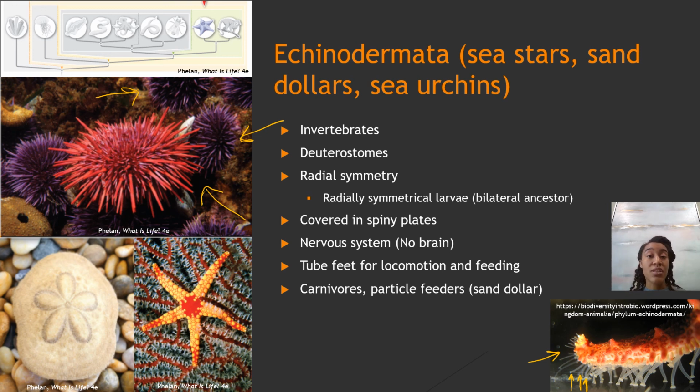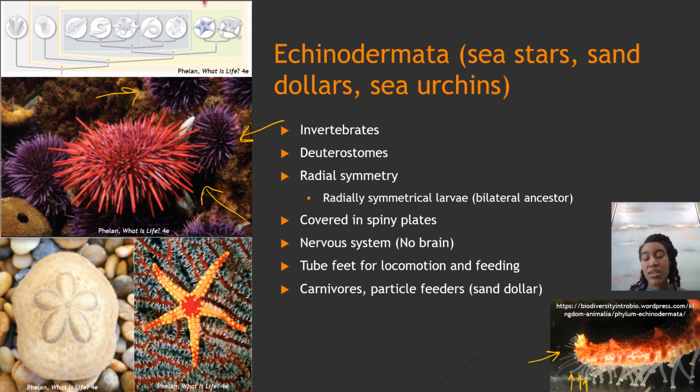Each of those tube feet can move independently, but you can coordinate their movement so they can propel the organism in whatever direction it needs to go. The tube feet also help with predation, so it helps them to catch their prey and hold on to their prey, as well as open up their prey. So if it's a bivalve or a snail, they can open up that prey so they can put their stomach in there and digest the organism to eat it.